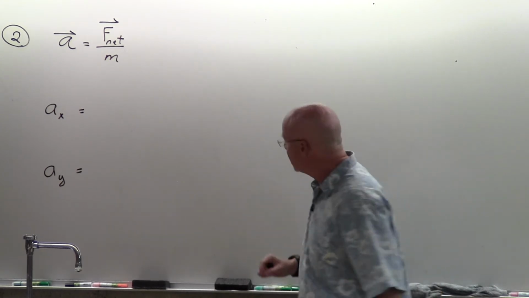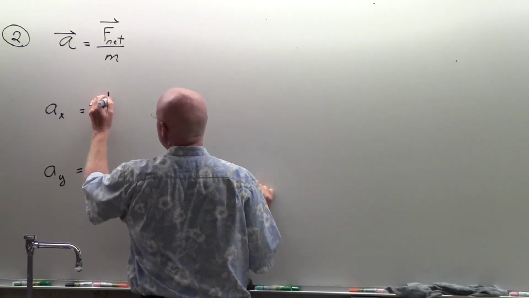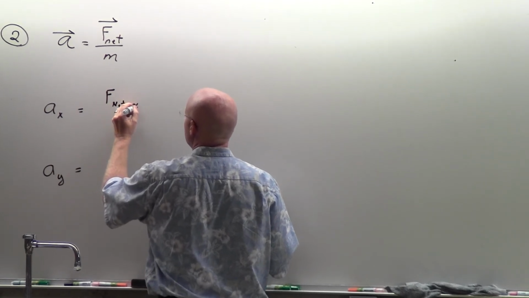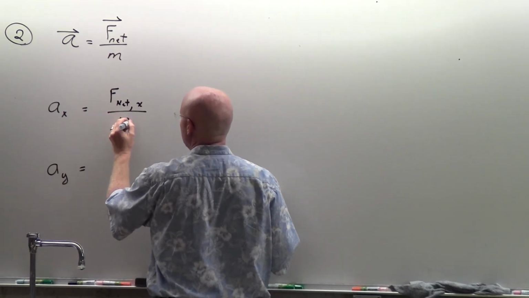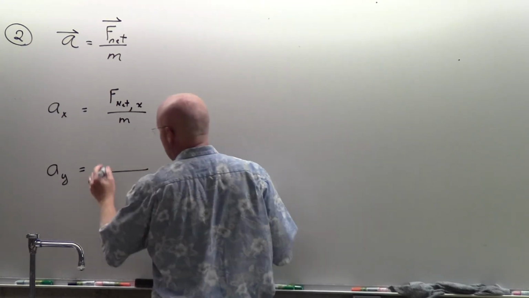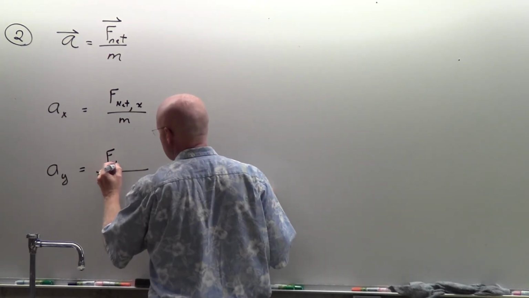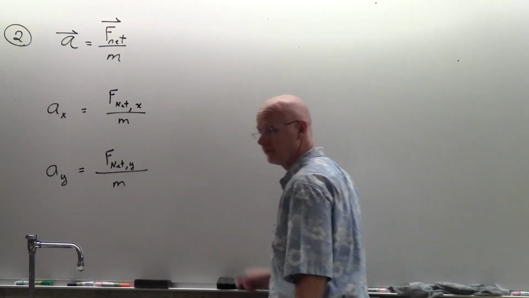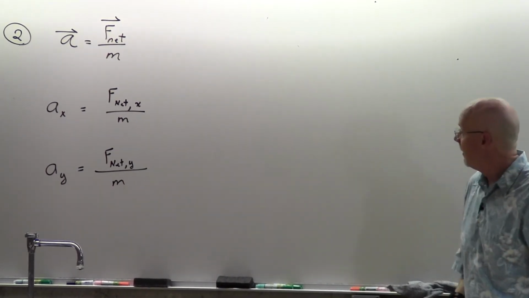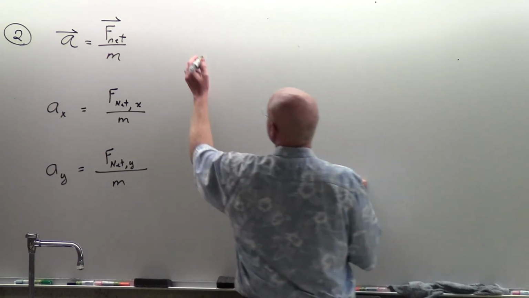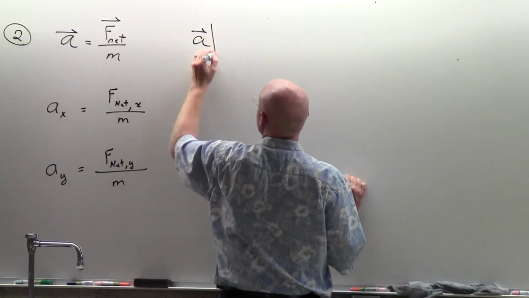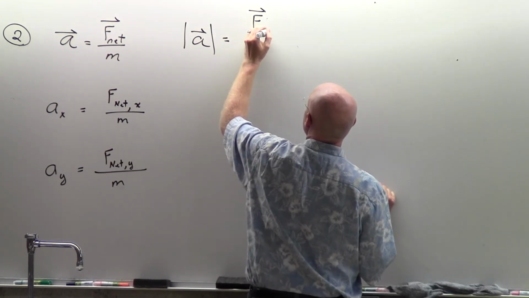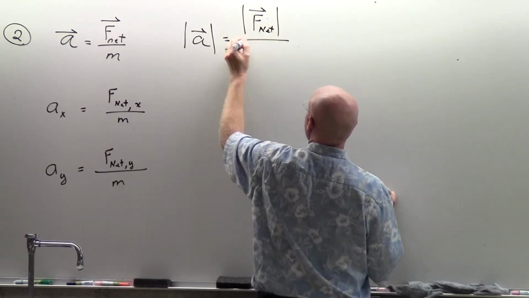Wouldn't the acceleration in the x direction be the net force in the x direction divided by the mass? And the acceleration in the y direction, the net force in the y direction divided by the mass? Of course, we could just ask what is the magnitude of the total acceleration. Well, that would be the magnitude of the total net force divided by the mass.